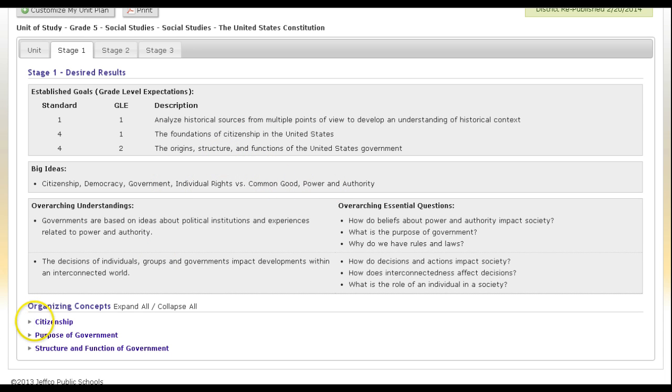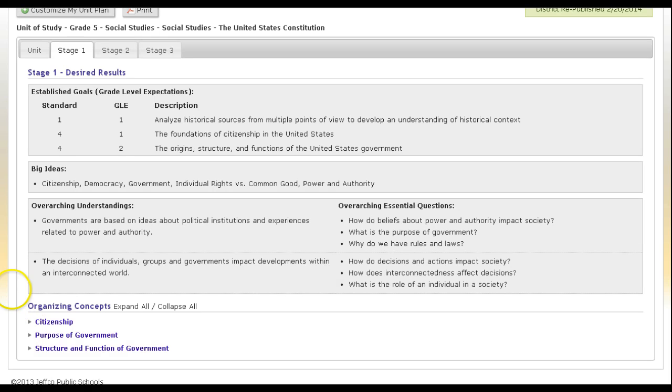Last, I see citizenship again as an organizing concept, purpose of government, and structure and function of government. When I think of those as part of instruction, those become the language of the discipline. If I continue to use that language over time, students become very familiar with that language and the conceptual idea behind it.